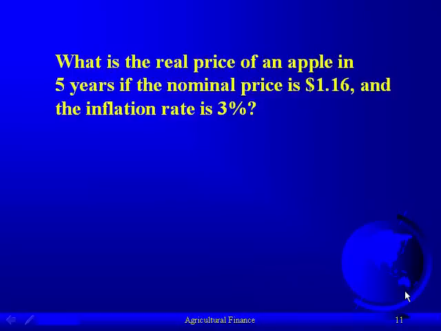Let's turn this type of problem around and say, what is the real price of an apple in 5 years if the nominal price is $1.16 and the inflation rate is 3%? In other words, in 5 years from now, it costs $1.16 to buy the apple. If we're in an inflationary period and today is our point of reference, then what's the real price of that apple?